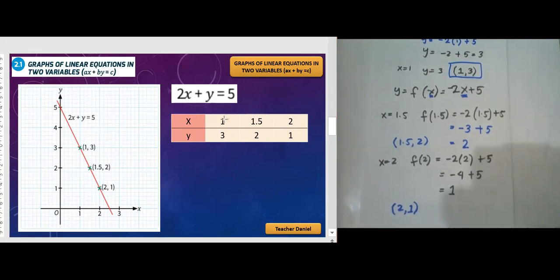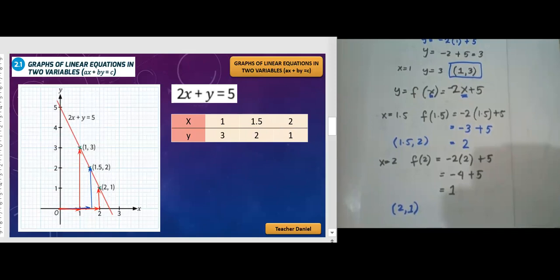For (1, 3), if x is 1, you go 1 to the right and then 3 up. If x is 1.5, you go 1.5 to the right and then up to 2. And for x equal to 2, you go 2 to the right and up 1 unit, because it's (2, 1).